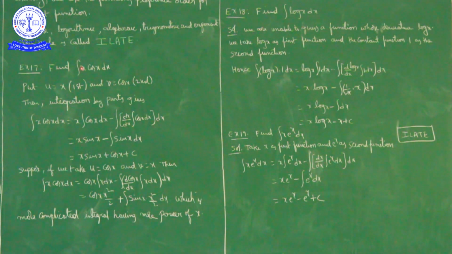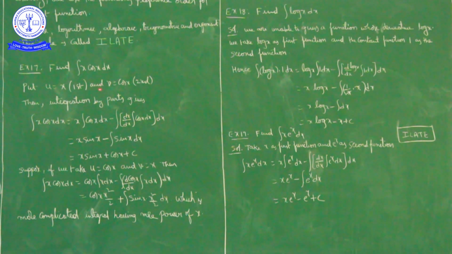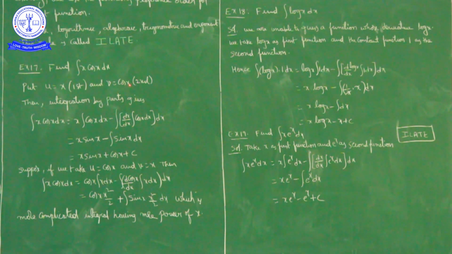Now here x is an algebraic function, cos x is a trigonometric function. So algebraic is the first function and trigonometric is the second function. We'll put x as first function and cos x as second function.